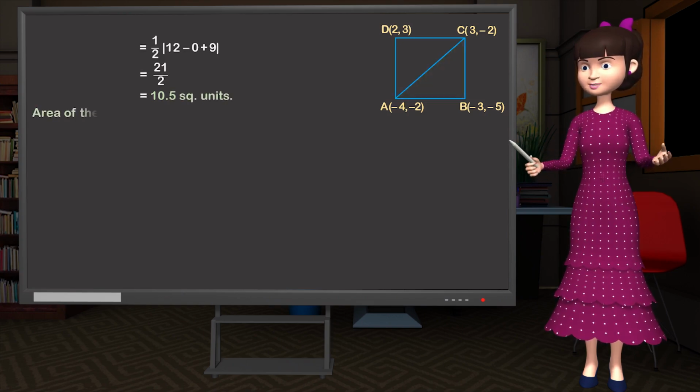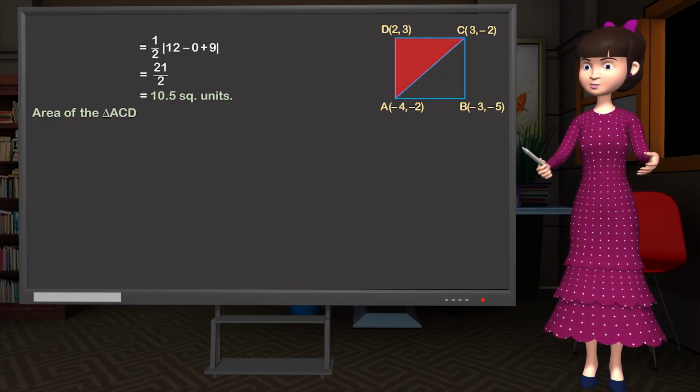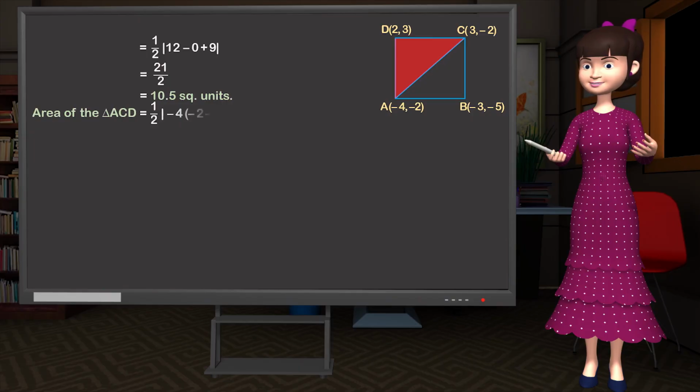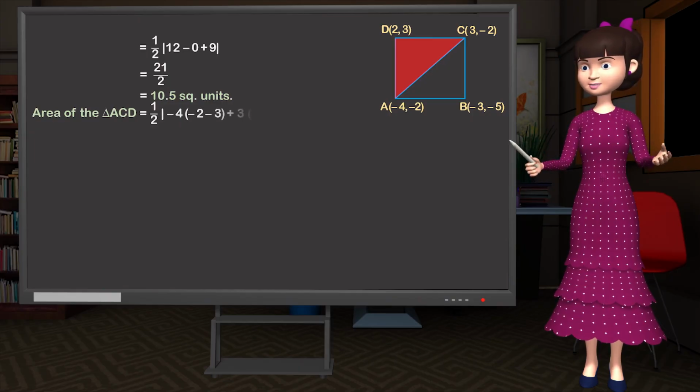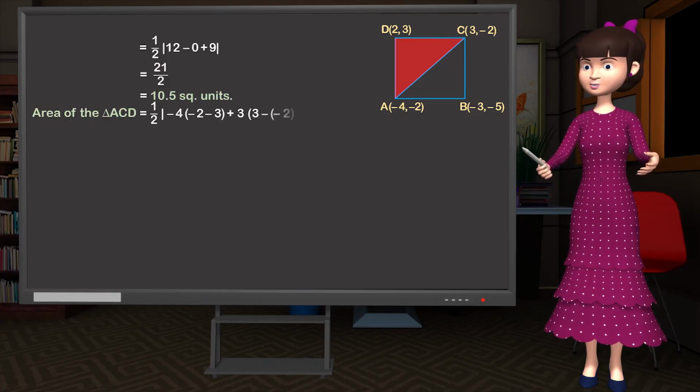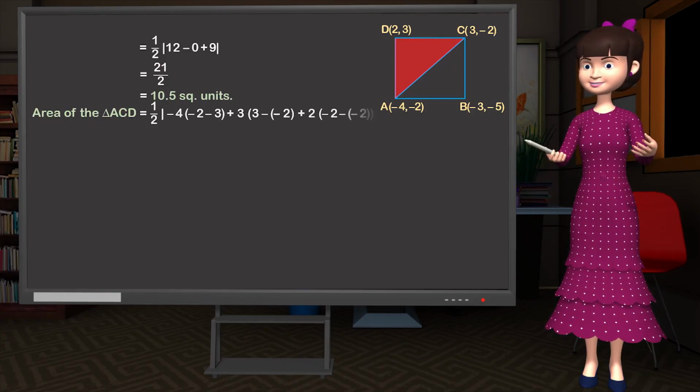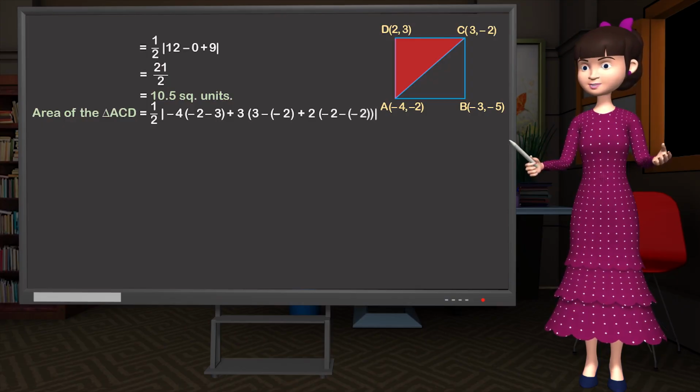Similarly, area of triangle ACD is equal to half into modulus of -4 into (-2 minus 3) plus 3 into (3 minus of -2) plus 2 into (-2 minus of -2).